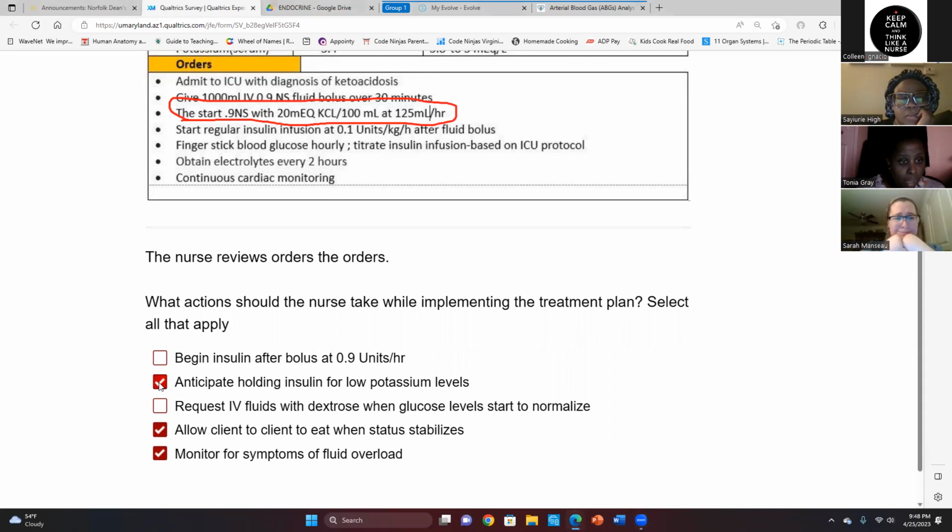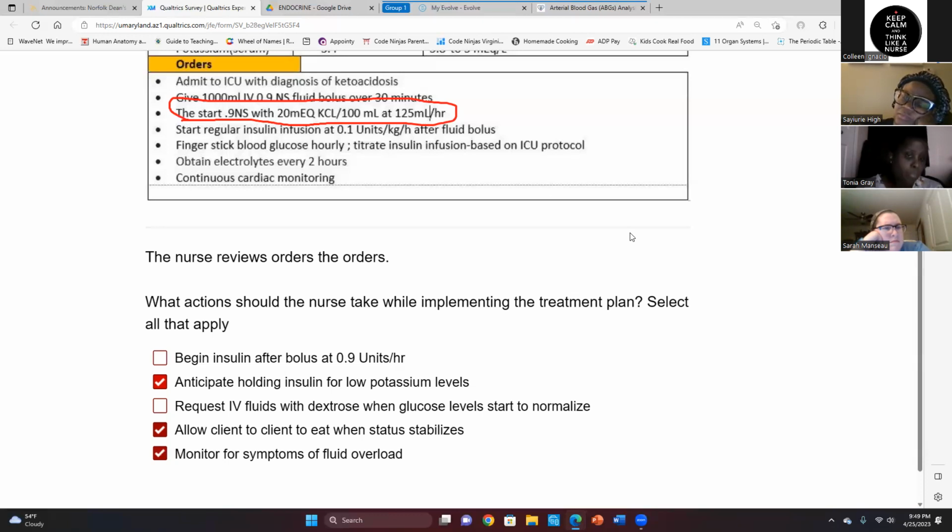Yes, that is true. Because, and I'm not going to do a good job explaining the biophysiology, what's happening at the molecular level, but when your patient has low potassium, you're going to hold that insulin because we're concerned about the heart functioning. So we have to hold the insulin if it's really low. It says insulin therapy is typically held if levels fall below 3.3.